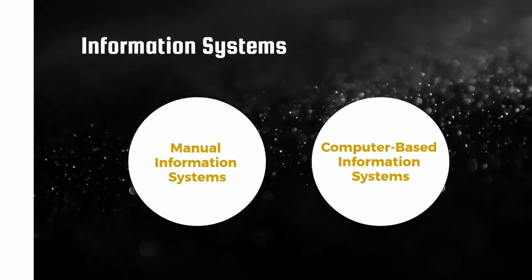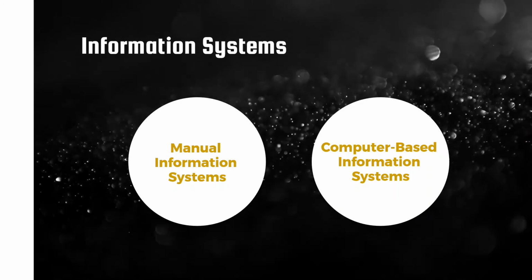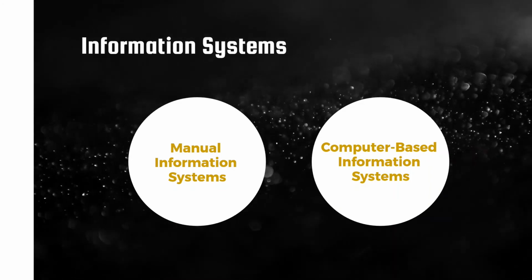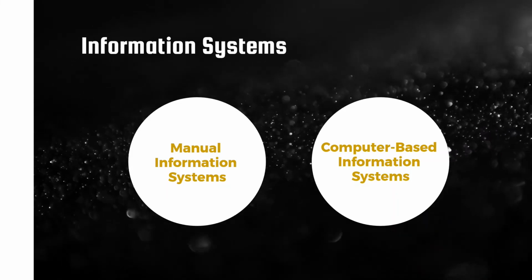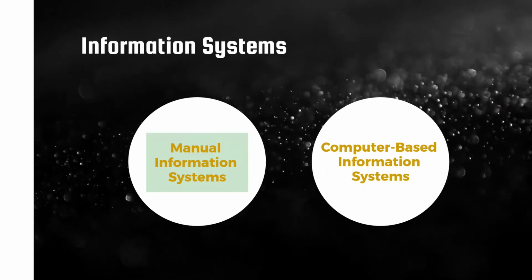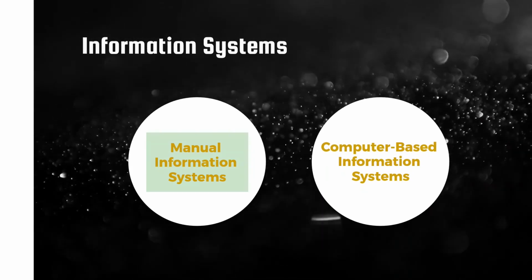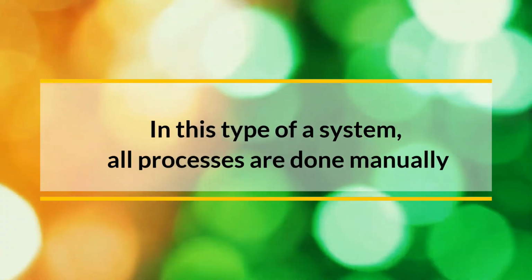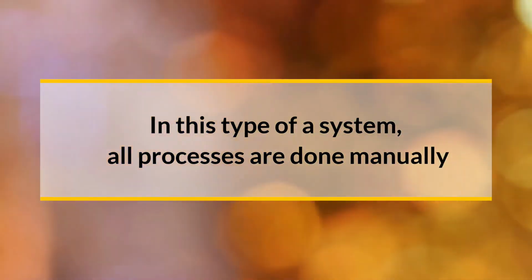Information systems can be categorized into two as manual information systems and computer-based information systems. Let's learn about manual information systems. In this type of a system, all processes are done manually.